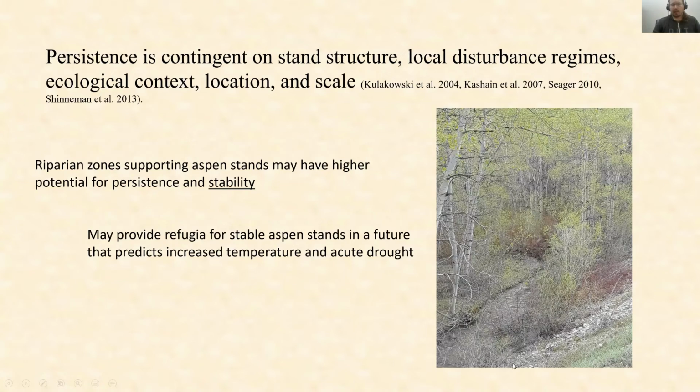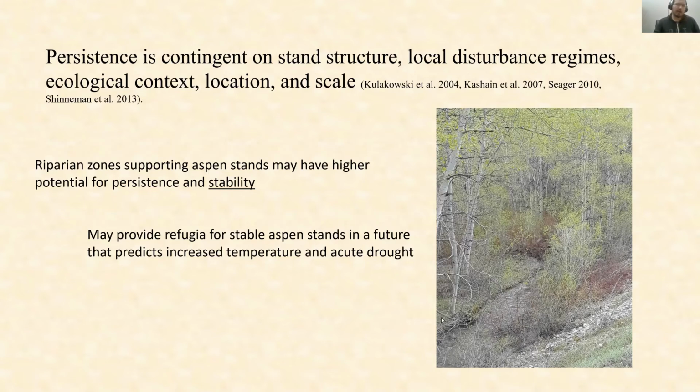The easiest way to look at this is to look at riparian aspen stands, or aspen growing in areas that are not moisture limited. So growing along perennial streams where they have a consistent water source throughout the growing season, versus stands growing in upland zones that require an input of precipitation or snowmelt.